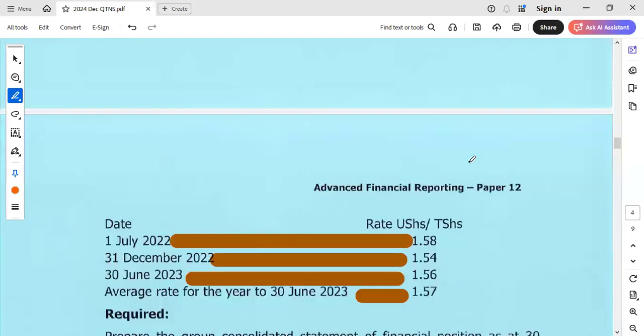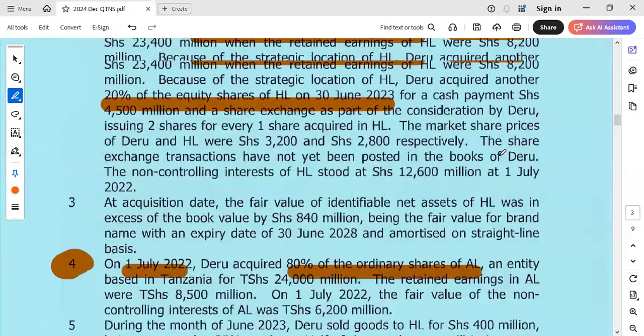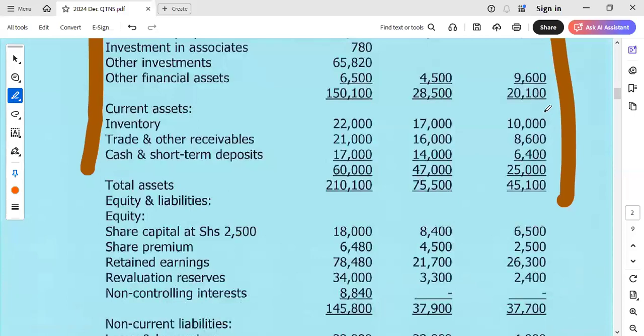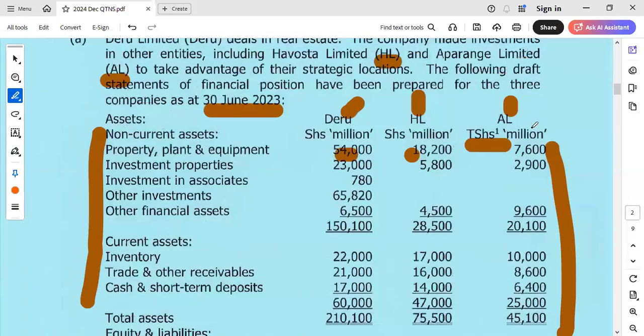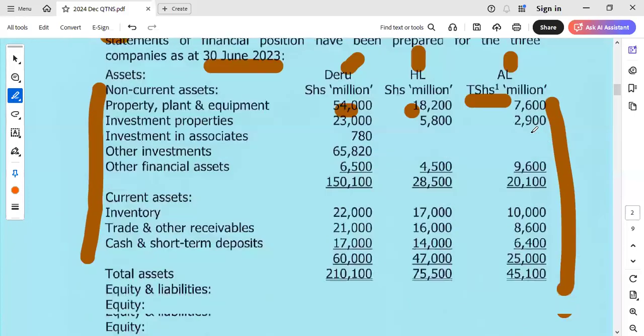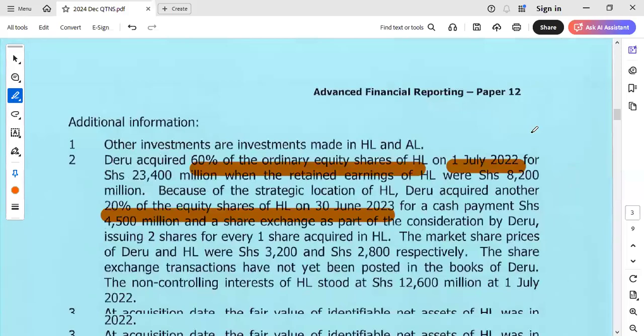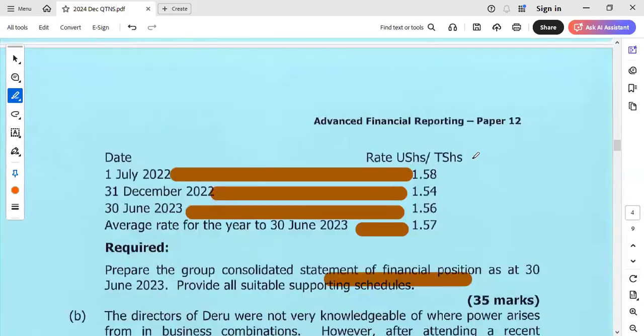Okay, so when you're translating these figures into Ugandan shillings, what do you do? First, look at how the currency is quoted. The currency is shillings per Tanzania dollar. Now it means that this is a direct quote.